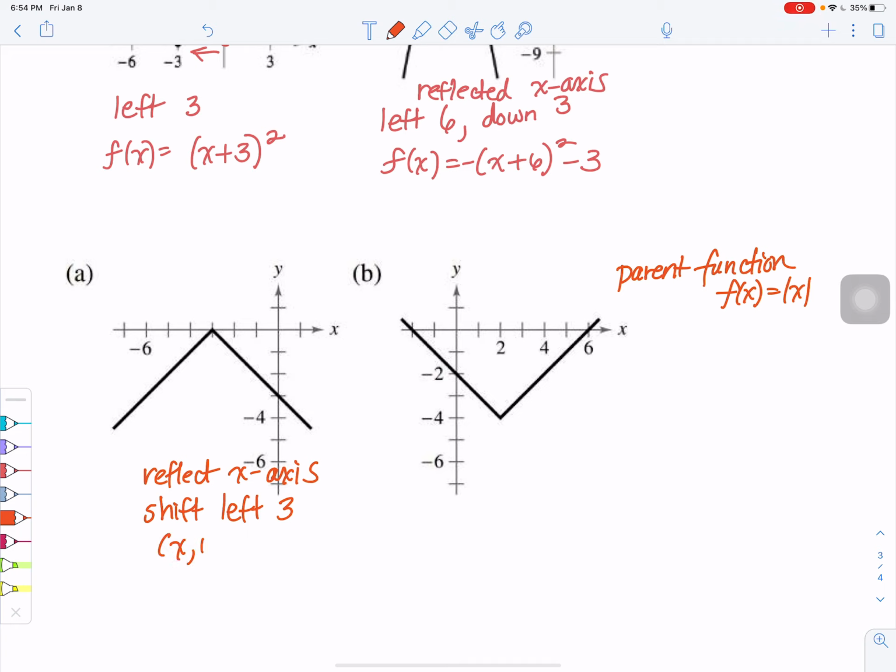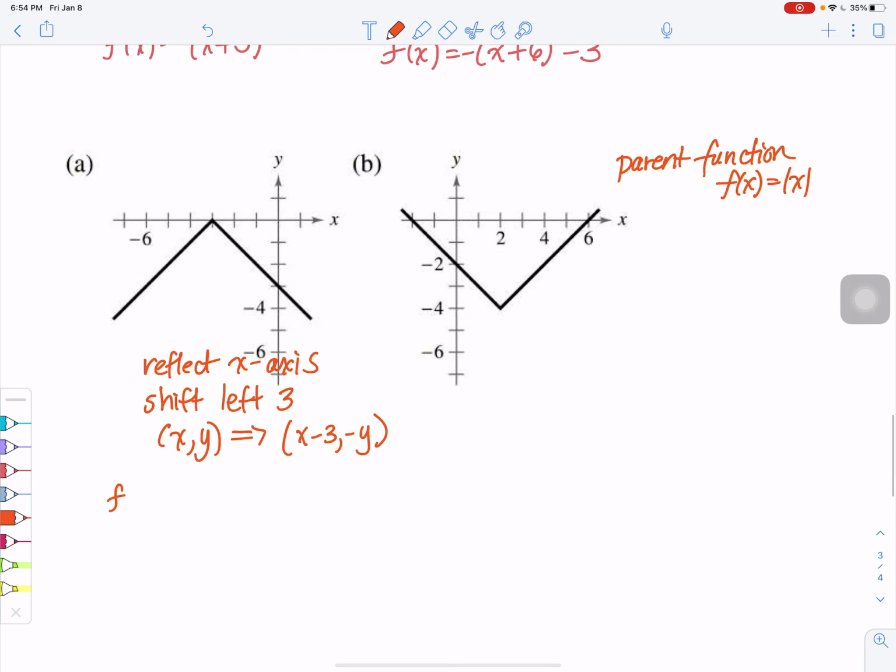So our x, y values, we would have x minus 3 and then take the opposite of y. So we would write that as the opposite of the absolute value of x plus 3.